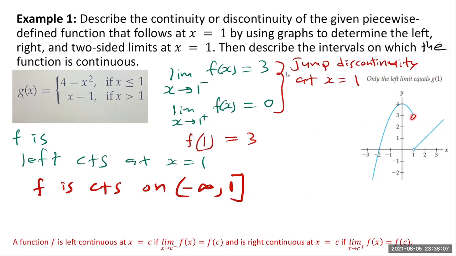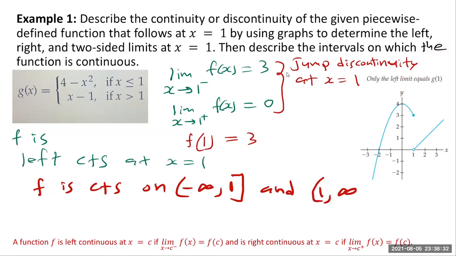Your function is left continuous at this closed right endpoint. So your function is continuous on the interval negative infinity to 1, 1 included, and then your function is continuous again in this interval when x is bigger than 1. The other interval is 1 to infinity.